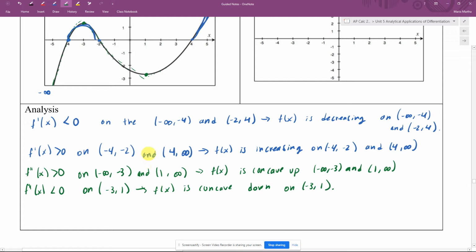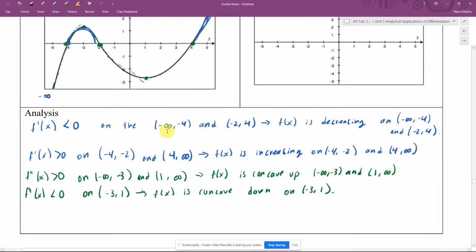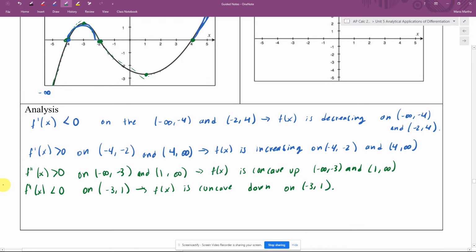Another thing we can look at right now too is where does f prime of x equal 0? And that tells us the critical values, right? So remember, f prime of x is equal to 0 at the critical values, or it's undefined. In this case, we have negative 4, negative 2, and positive 4. So now to determine whether it's a minimum or a maximum, right?